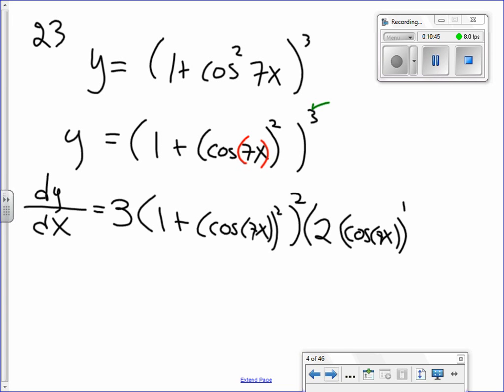We took care of the squared, but we go in. The derivative of cosine of an angle is negative sine of that angle. Negative sine, and we don't change the inside function. We took care of the derivative of cosine, but we still have to go in one more layer: 7.